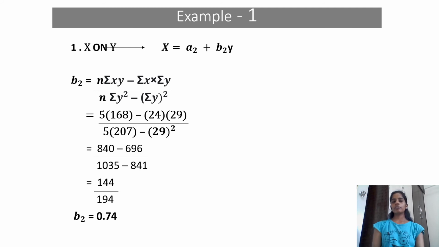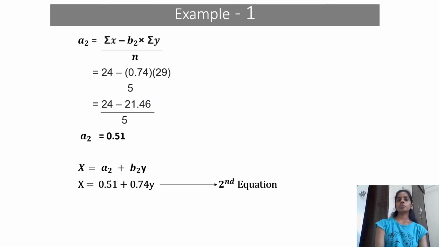By solving this equation, we get 840 minus 696 divided by 1035 minus 841. We get 144 divided by 194, and finally we get b2 is equal to 0.74.